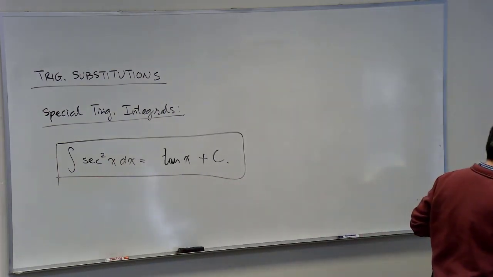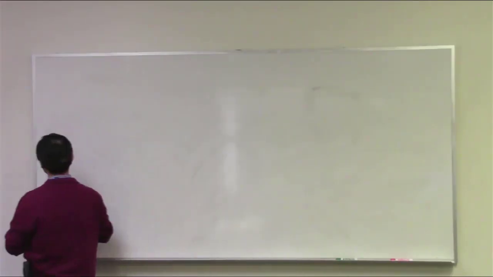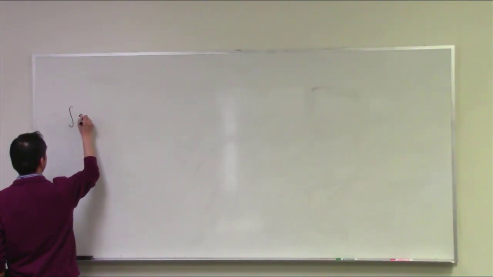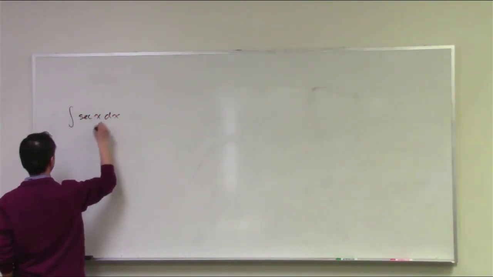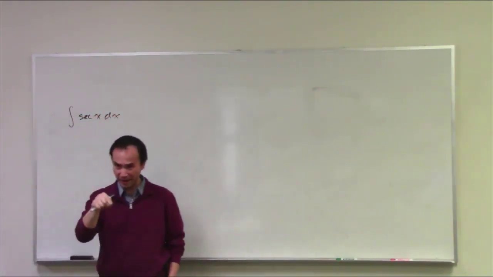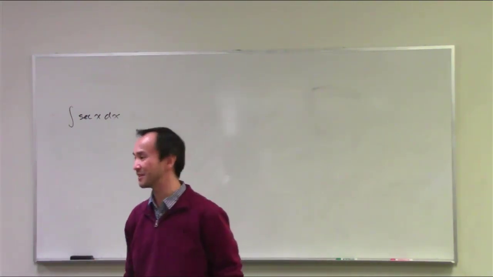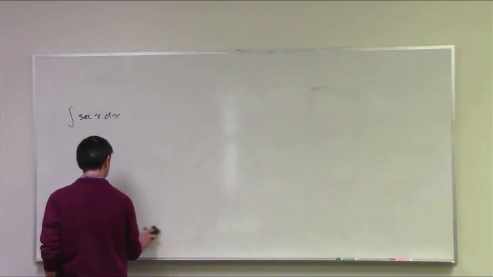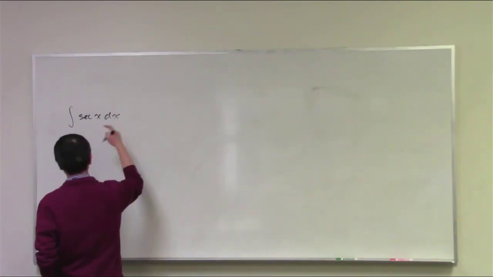We're going to have another one. Let's look at just secant of x. Not the secant squared. This is a single power, secant of x. This is how we tackle it.